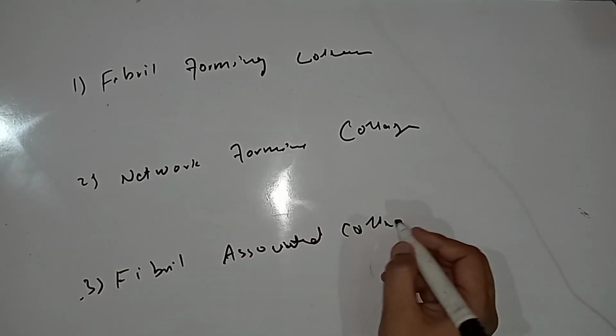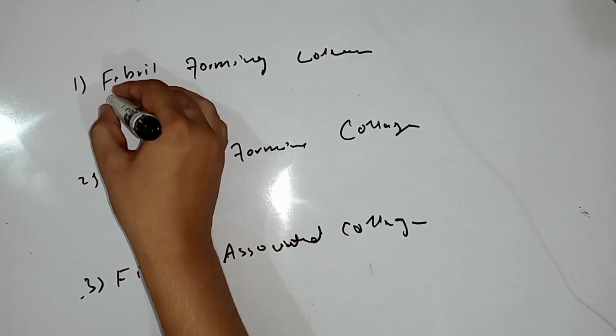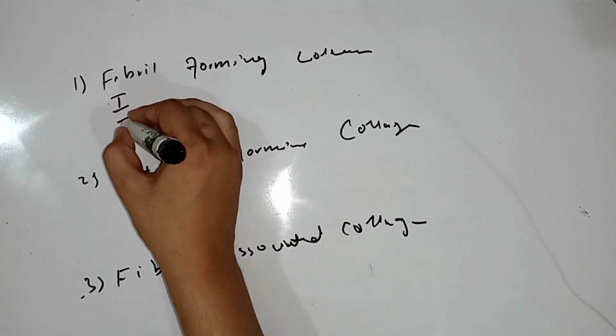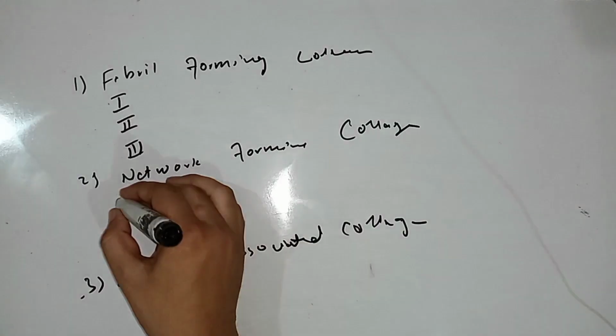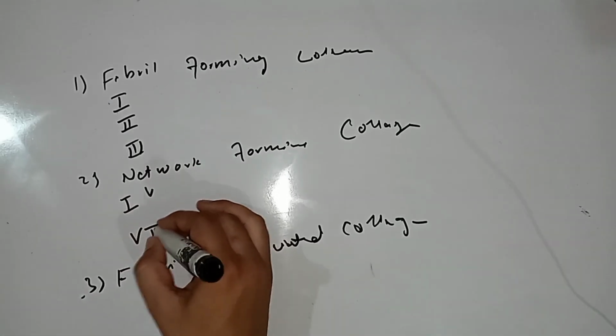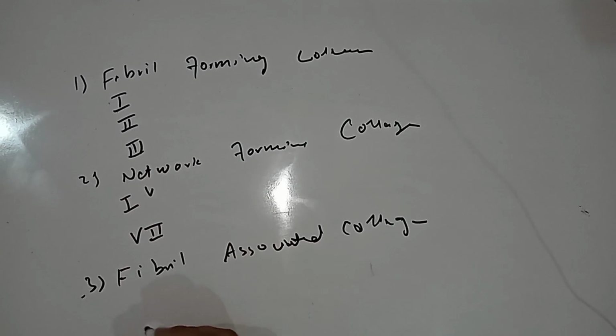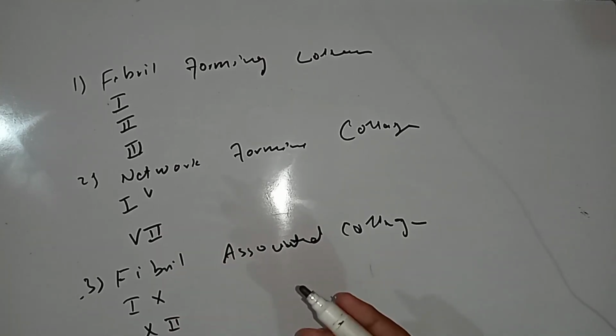The fibril forming collagen includes collagen type 1, type 2 and type 3. Network forming collagen includes collagen type 4 and type 7, while fibril associated collagen includes collagen type 9 and type 12. We should know the location and a brief overview of each.